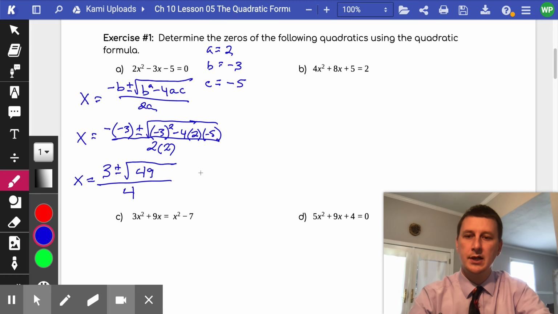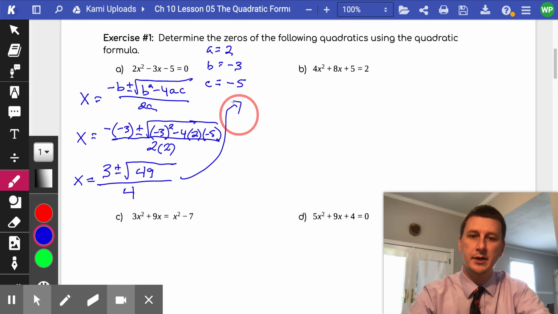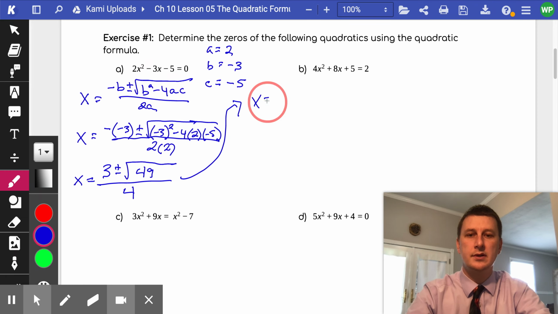Okay, there's a couple more things that we could do with this one. And we're going to just continue it up here. And we're going to have x equals 3 plus or minus, because every square root is going to have a positive or negative answer. The square root of 49 is 7, and all of that's divided by 4. So our two possible answers here, and I say 2 because we have to do the plus version and the minus version. Let's start with the minus.